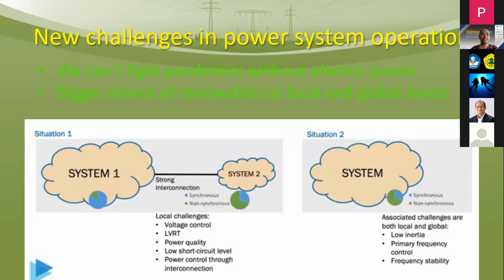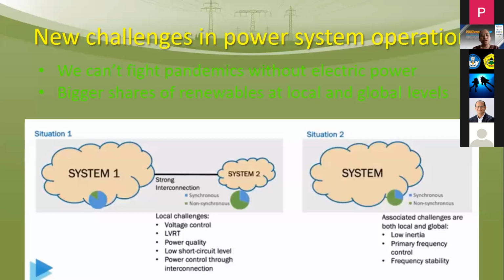In the first situation, we can see some challenges to be overcome, including voltage control and also low voltage ride-through. It is the condition where, when the voltage drops, the generator must be protected in order not to be disconnected from the system.